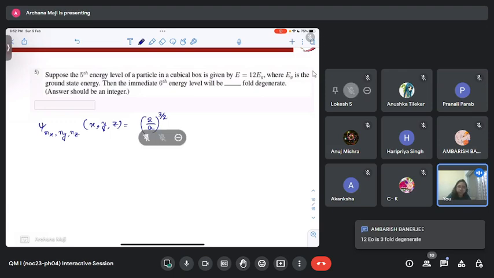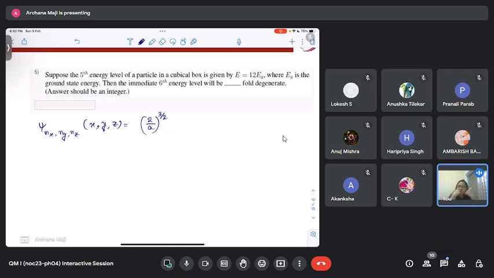Threefold degenerate, you think? No, the question is not the degeneracy of 12 Eg. The question is the degeneracy of the sixth energy level. So 12 Eg is the energy for the fifth energy level. Can you do it for the sixth level as well?